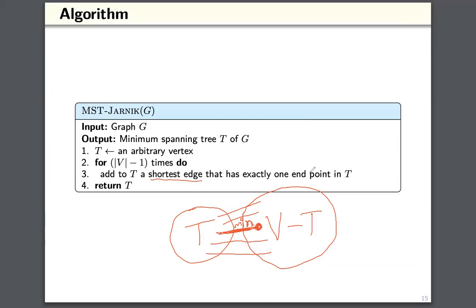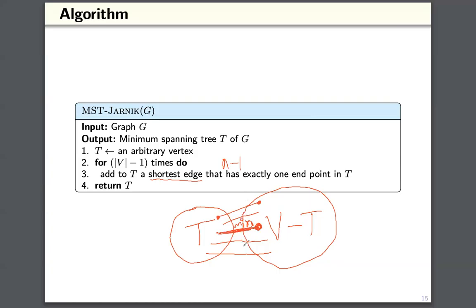And repeat. That's it. So you have one for loop, right? That runs for n minus 1 times. In every iteration, there will be a couple of edges such that one endpoint of the edge is in the tree and one endpoint will be outside the tree in the remaining nodes. You find the min cost of all these edges, right?